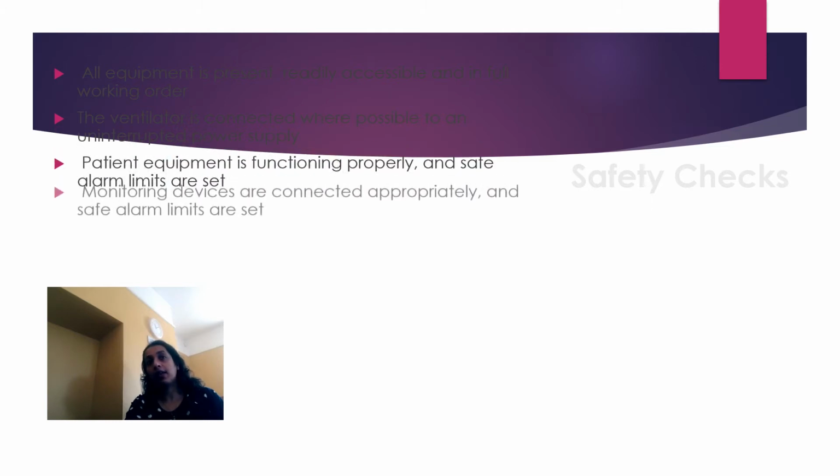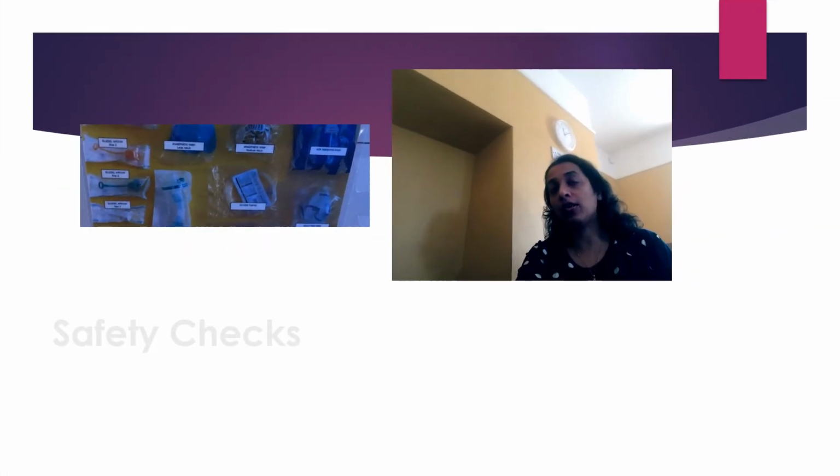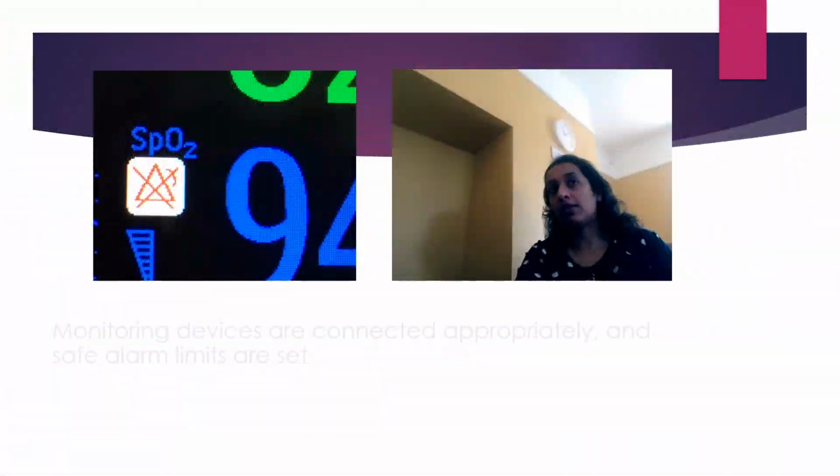Then the suction is working properly. Then all the emergency equipment you have to check, like in case of any accidental extubation or any desaturation, what all things we need to keep ready at the bedside. This will come in your safety checks.